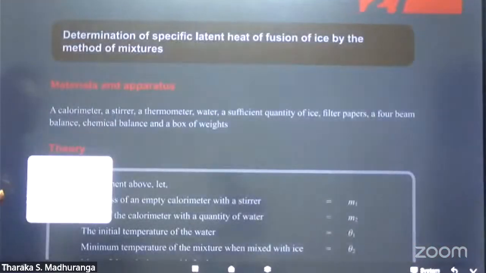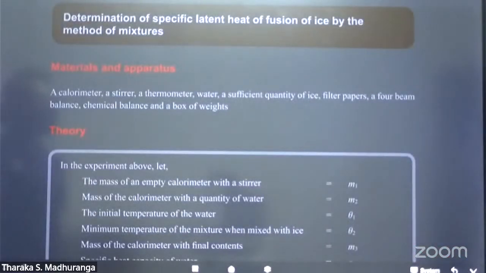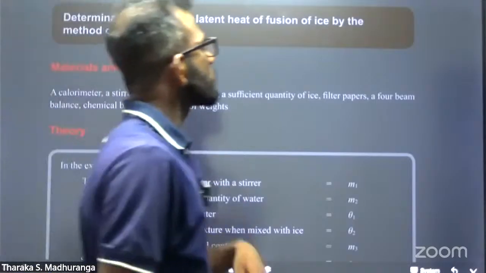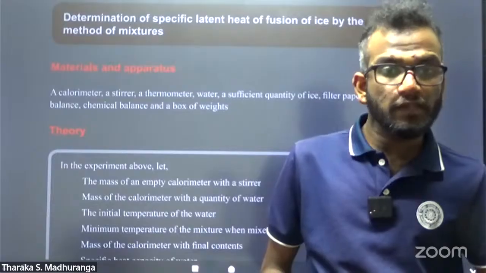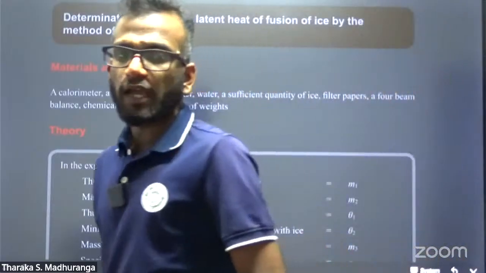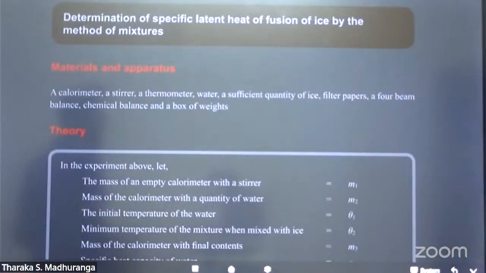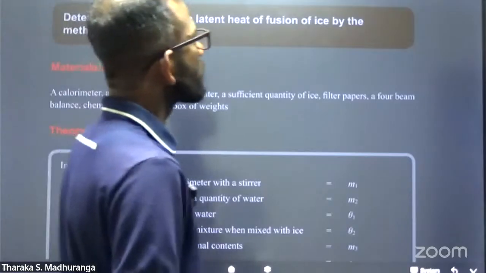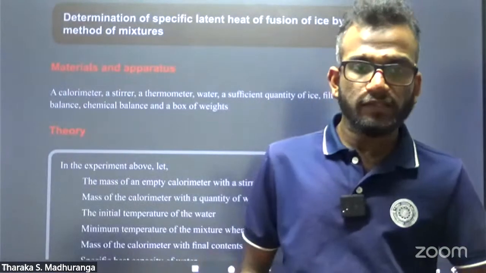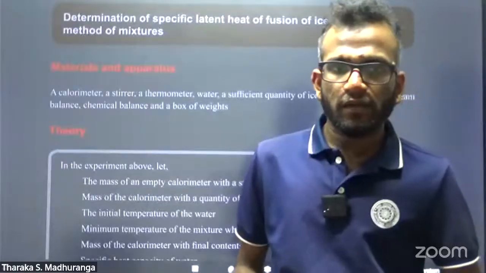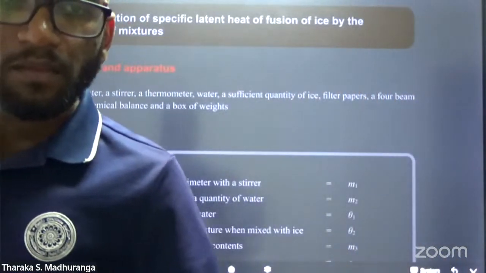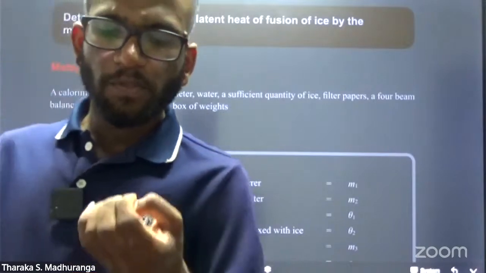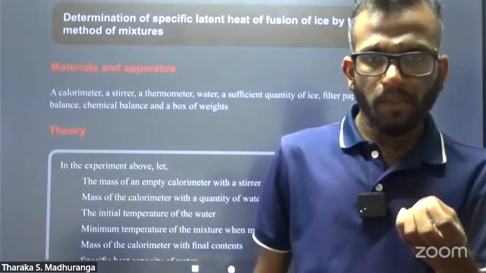Come to the second practical of heat: determine the specific latent heat of fusion of ice by the method of mixtures. How do we calculate the specific latent heat of ice?